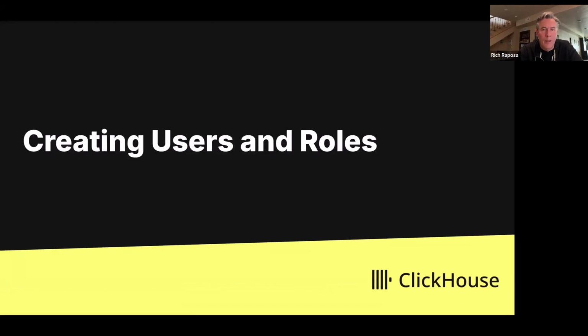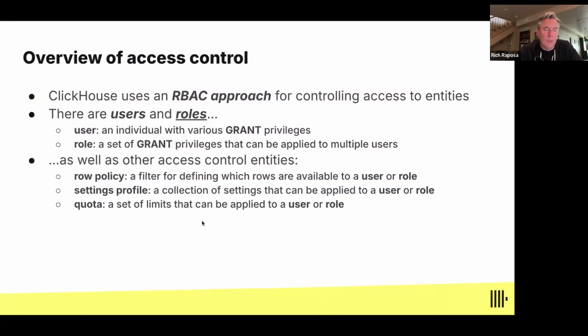And then the last topic here when I'm talking about configuring is I do want to talk about users and roles, because it's the first thing you'll probably do when you set up your very first instance of ClickHouse. You'll probably create some users and roles. And we use the role-based access control approach, RBAC.